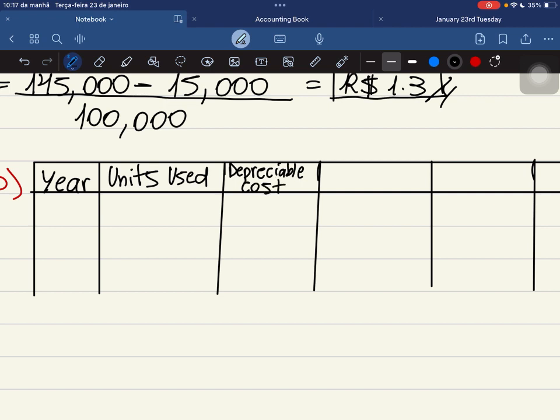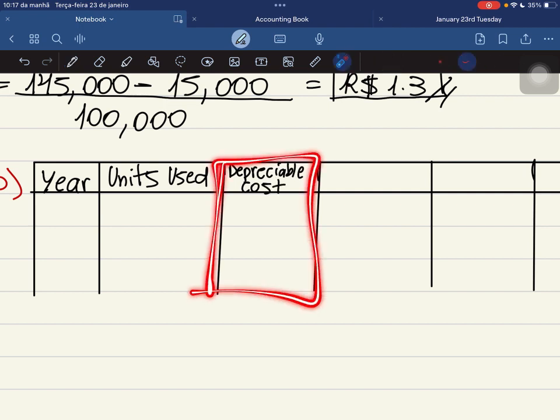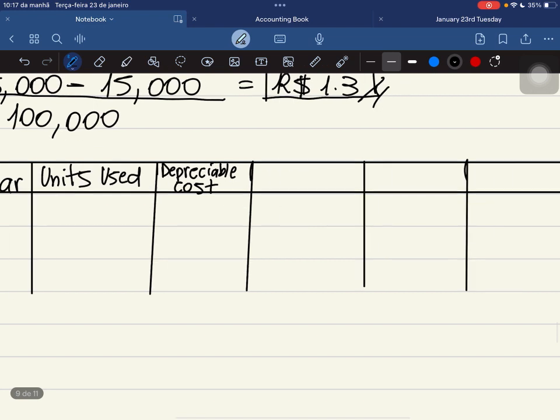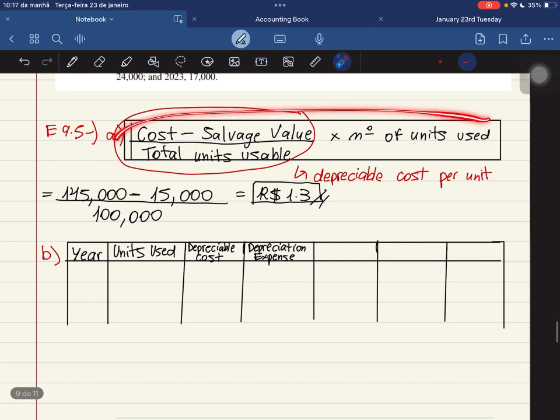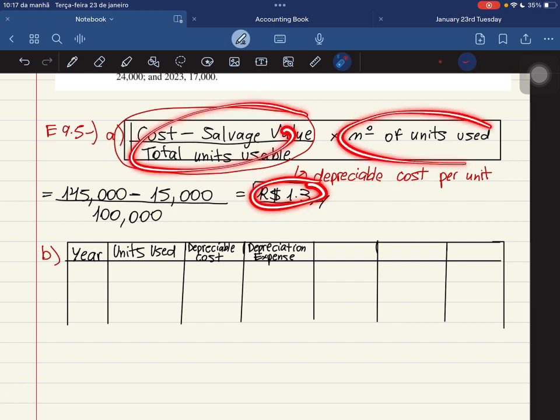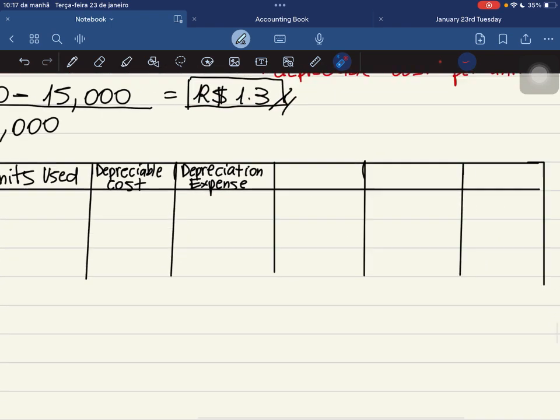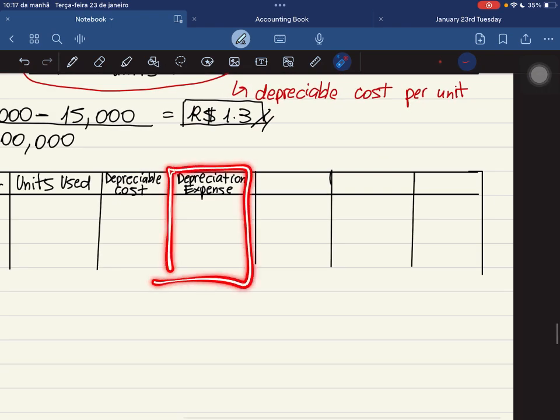So in this case, this column over here is not going to change, correct? Then we would have the depreciation expense. Remember that I told you that if you actually complete the full formula, you put this number times the number of units, you get the expense, right? The depreciation expense. This is this column over here.